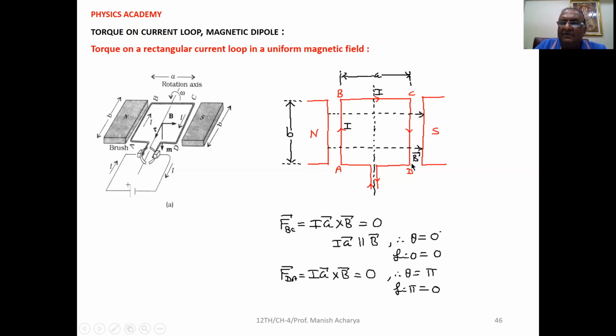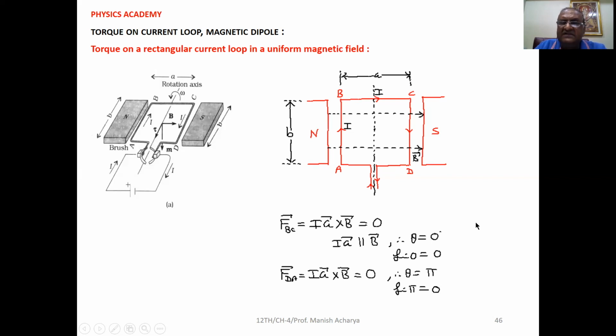Similarly, if we think about the force on the DA part of the loop, then that is also the current element I A, but here that current element is in the opposite direction of B. It implies that the angle between I A and B is pi.